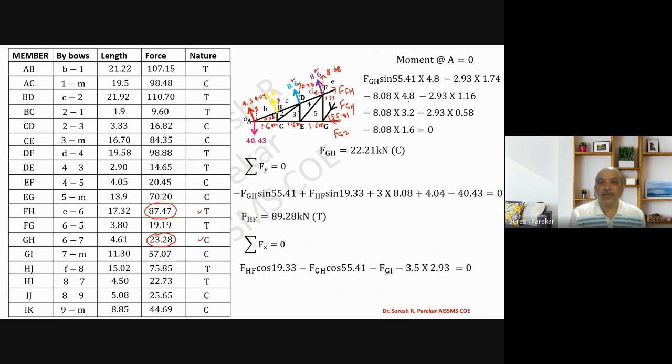One is 2.93 due to this, then again 2.93 due to this second force, then third we have 2.93, and then half of 2.93. Why half? Because here we have 4.3 and here we have 8.6, and therefore I have directly considered 3.5 into 2.93. That gives me the value of FGI as 61.07 kilonewton, and for GI you can see 57.07 kilonewton, and that is compression.